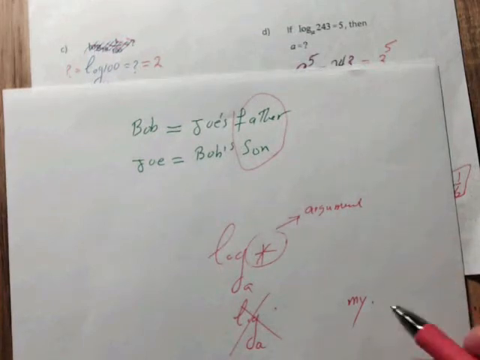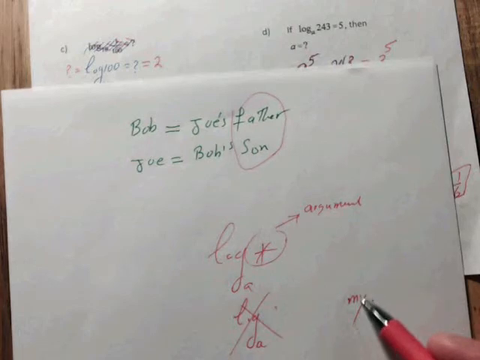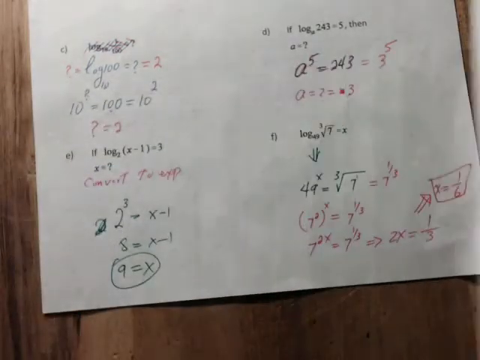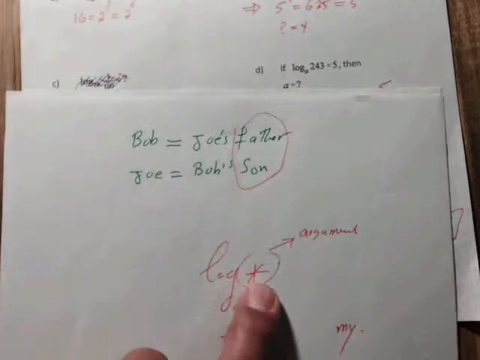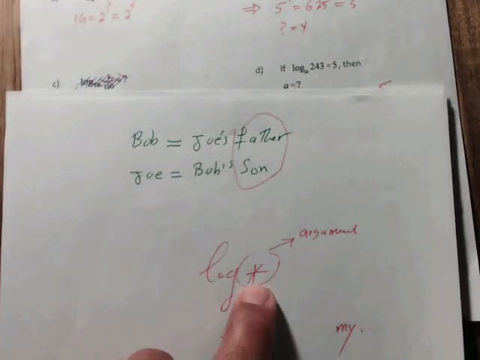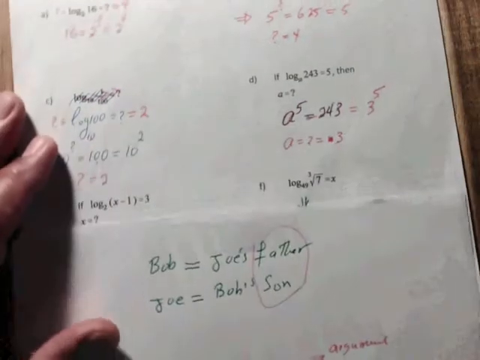My book, my money, my car. So my by itself is meaningless unless you follow it with something else. So this is not log times x. Log of this whole thing is a number, and this is called the argument. So the logarithm has to have an argument. How about this one?